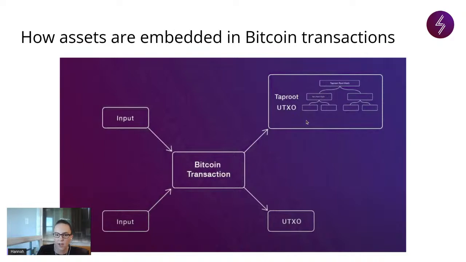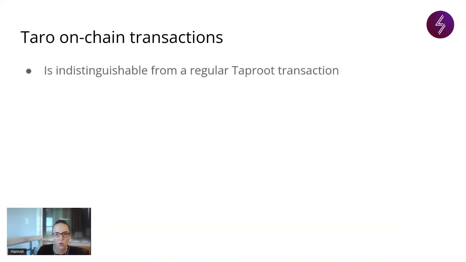We're about at the 5-minute mark, so we'll just go over the benefits here. It's indistinguishable from a regular Taproot transaction. It doesn't cause blockchain bloat because we're not using op return and these other things. It's entirely opt-in. You can be running a Bitcoin node and not care about Taro at all and never need to care about it.